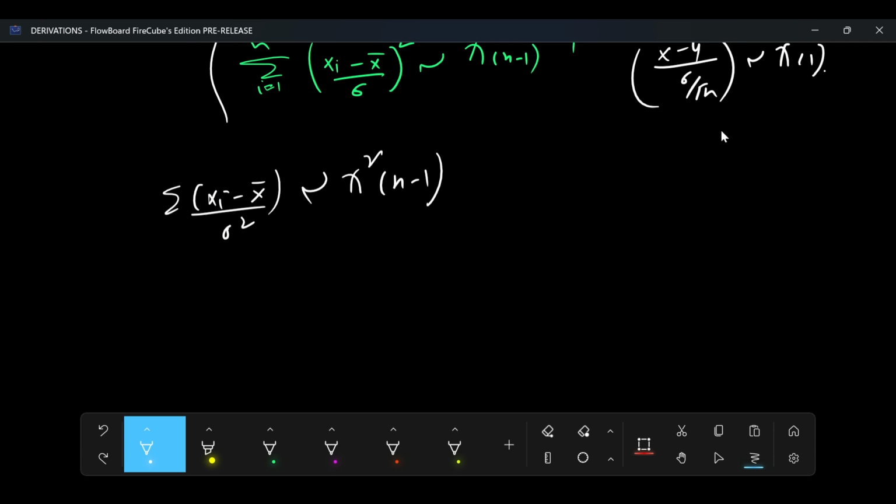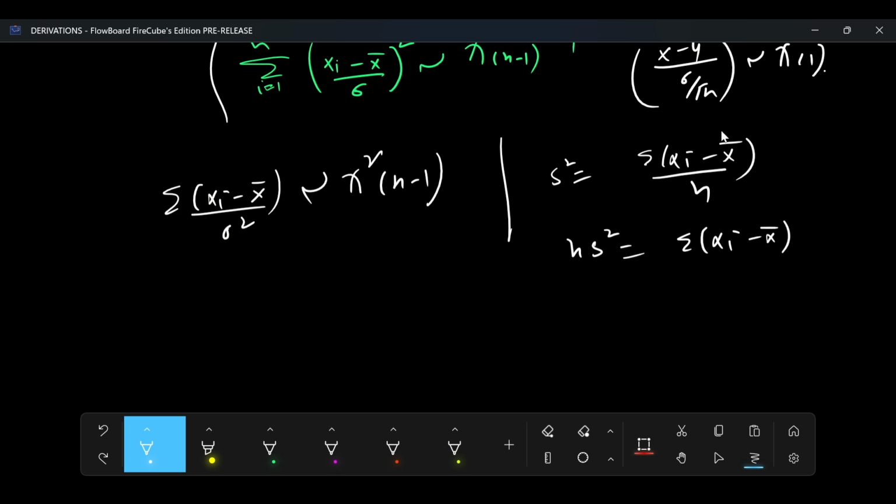If I say s square is summation (xi minus x bar) square upon n, then n s square is equal to summation (xi minus x bar) square. So n s square divided by sigma square follows chi square n minus 1.